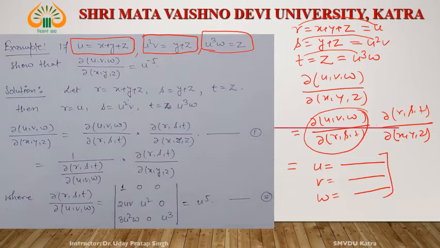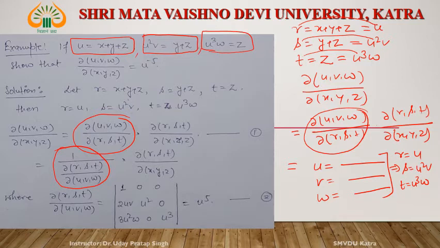Instead of doing this, we know that r is u, s is u squared v, and t is u cubed w. Then ∂(u,v,w)/∂(r,s,t) can be written in this form.